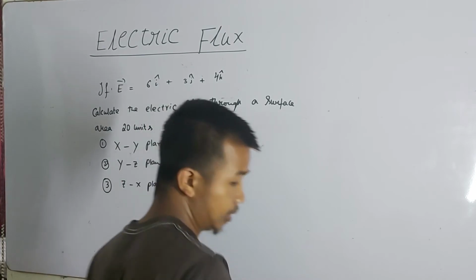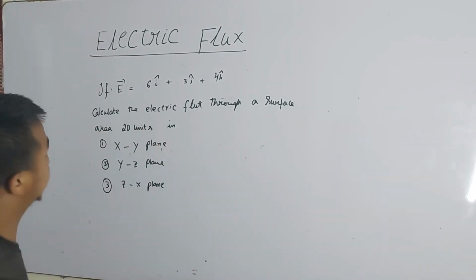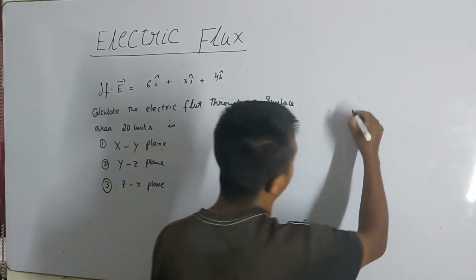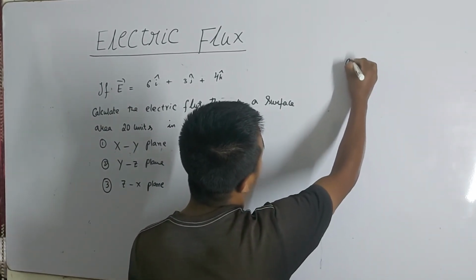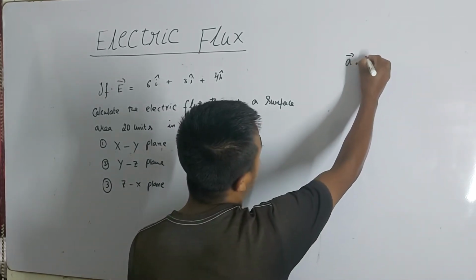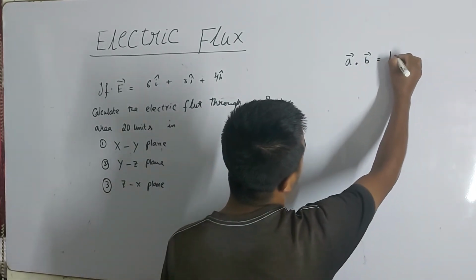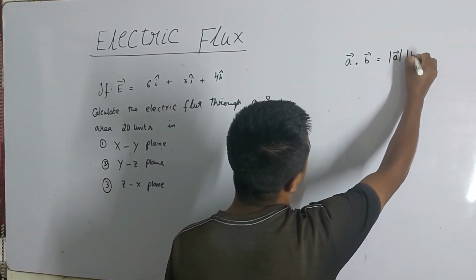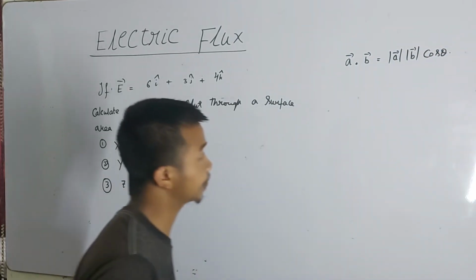Before we proceed with this problem, let me remind you: if we have vectors A and B, and we take the dot product A dot B, then A dot B equals mod of A, mod of B, cos theta.